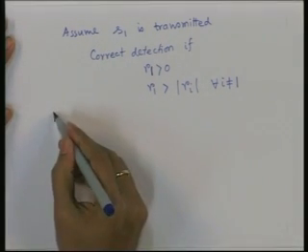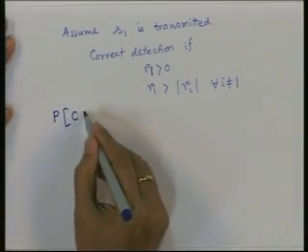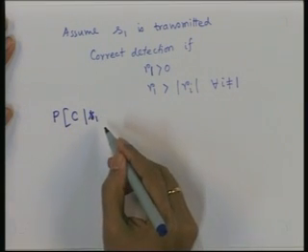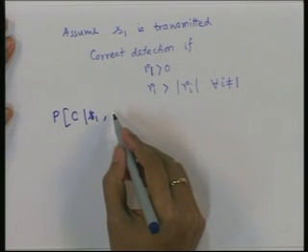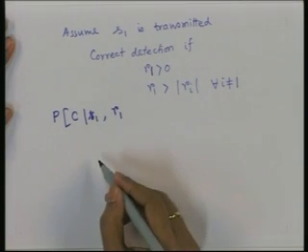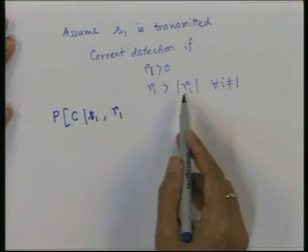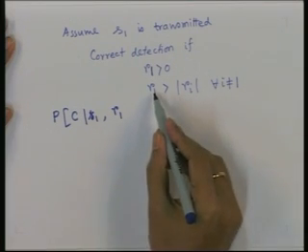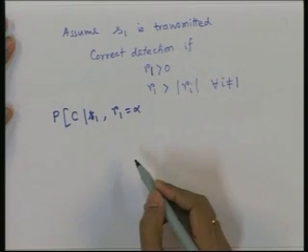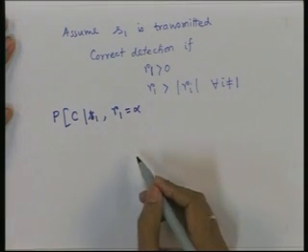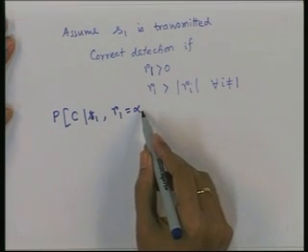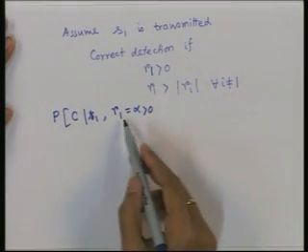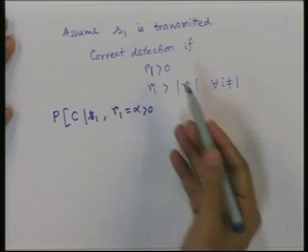So, what is the probability of correct detection if S1 is transmitted and we know that R1 is greater than this and R1 is greater than mod Ri for all i not equal to 1, and let us take the value of R1 to be alpha, just like orthogonal signal set, the way we computed, we assume that R1 is equal to alpha and alpha is greater than 0, because if alpha is not greater than 0, then there is an error.